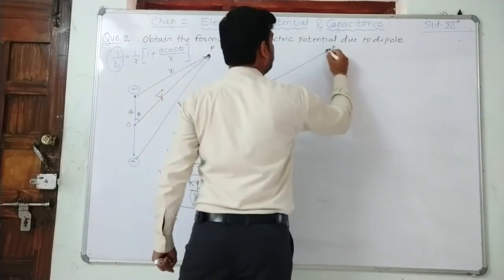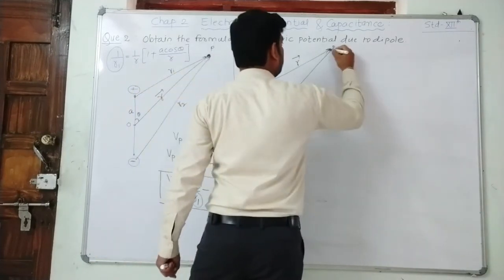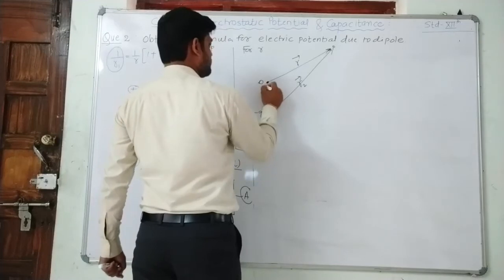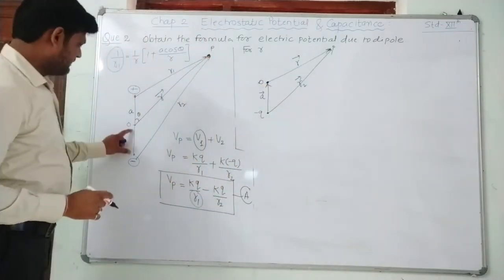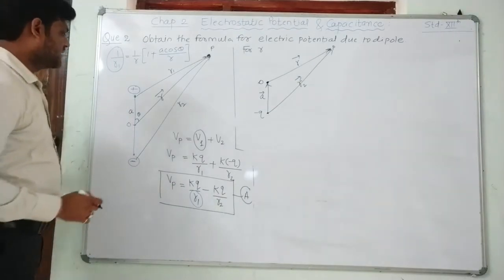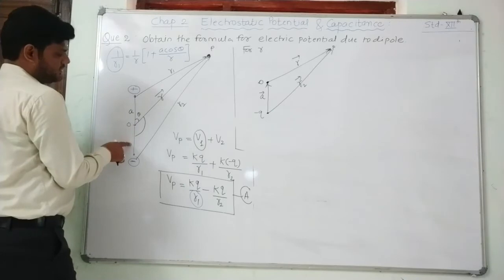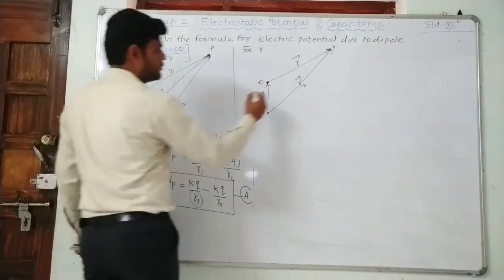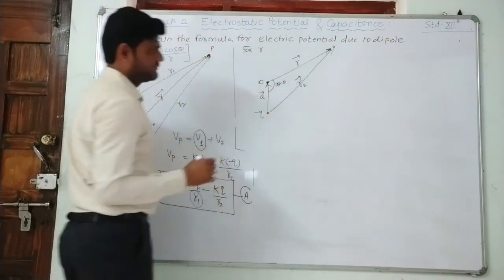From O to P it is the r vector, from minus Q to P it is the r2 vector, and from minus Q to O that is again the a vector. Now this angle is 180 minus theta. Correct?